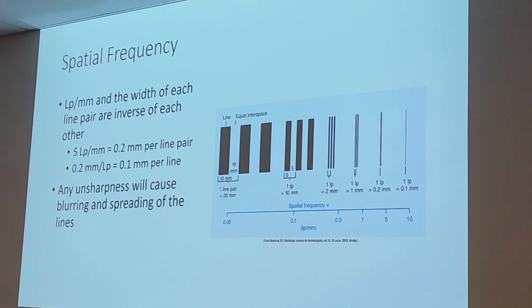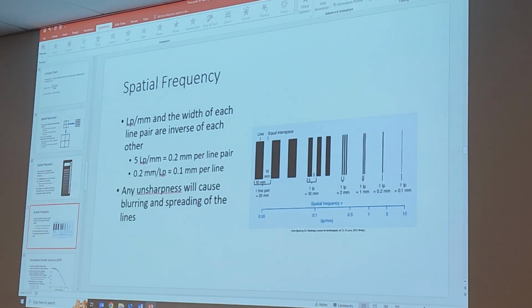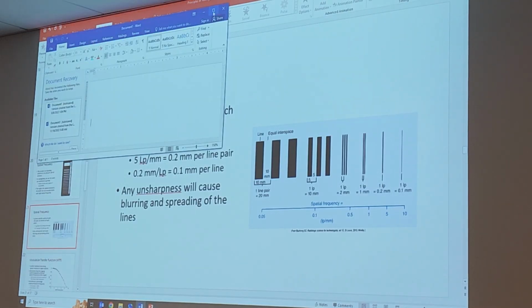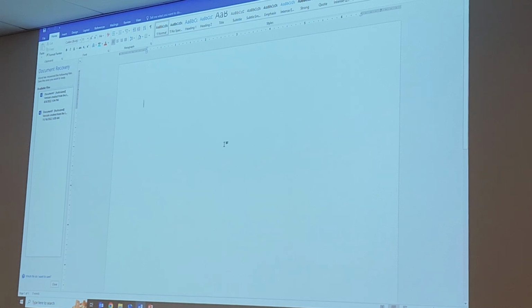5. Okay, how did you get 5? 1 divided by 0.2.